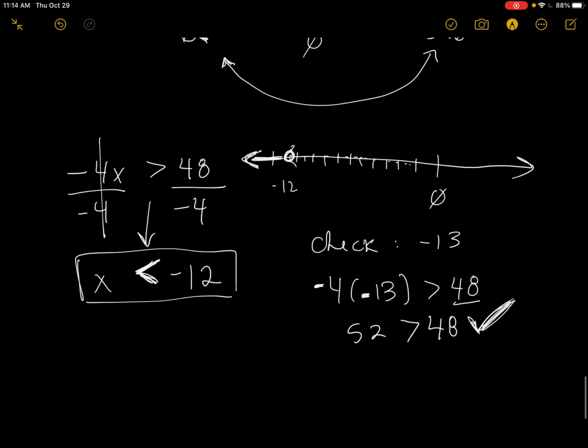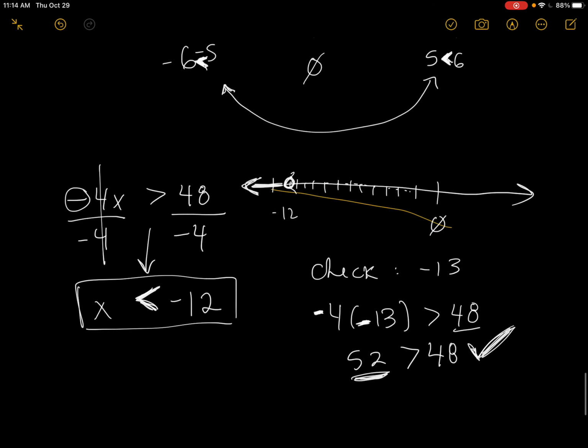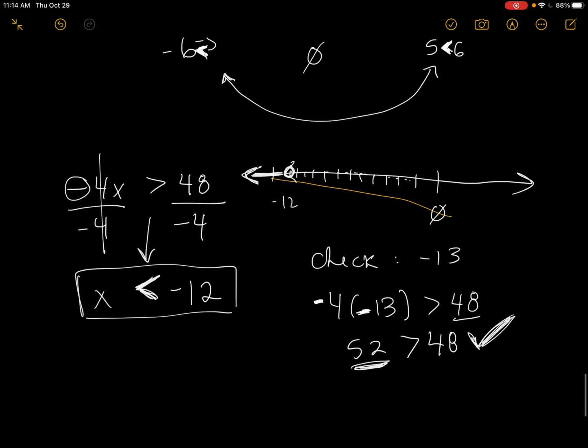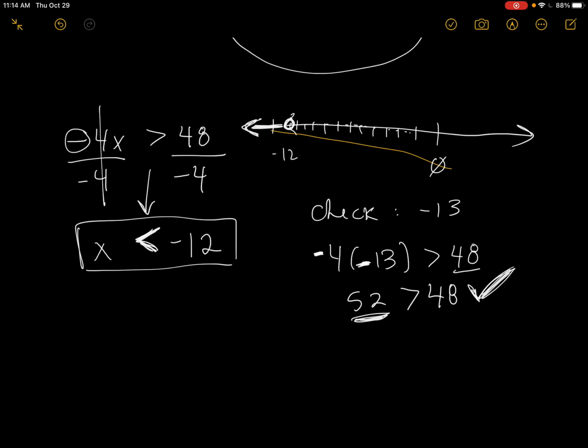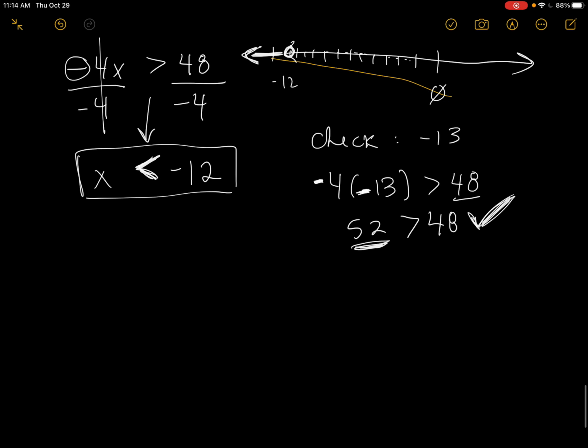This side, if I put negative numbers, I'm multiplying the first number by any kind of negative number, it's going to be positive, right? And so this is why it gets a little tricky, but as long as you remember this rule, if you're multiplying or dividing both sides by a negative number, just flip the sign and you'll get the right answer.